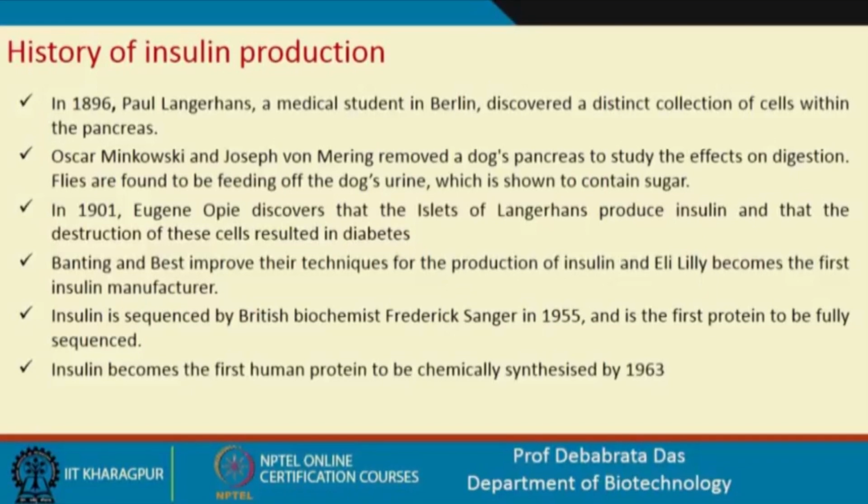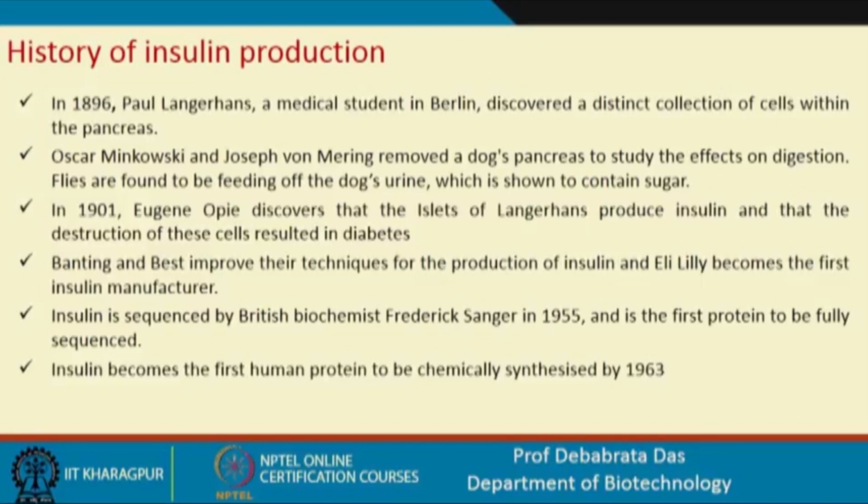Insulin is secreted in our pancreas, and if it is not secreted when we take some sugar, the degradation of the sugar will be affected. That is why the insulin dose is very much important.